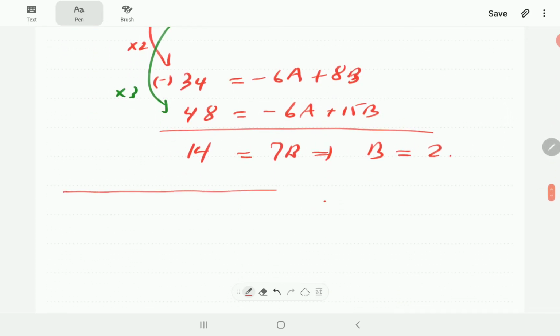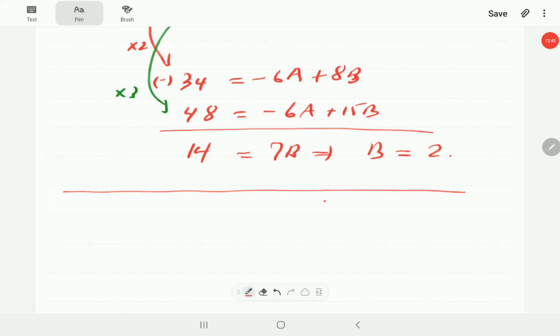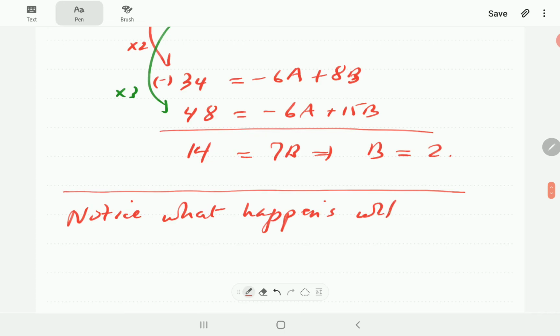But just notice what's going to happen here if we try x equals to 3 and x equals to negative 4.